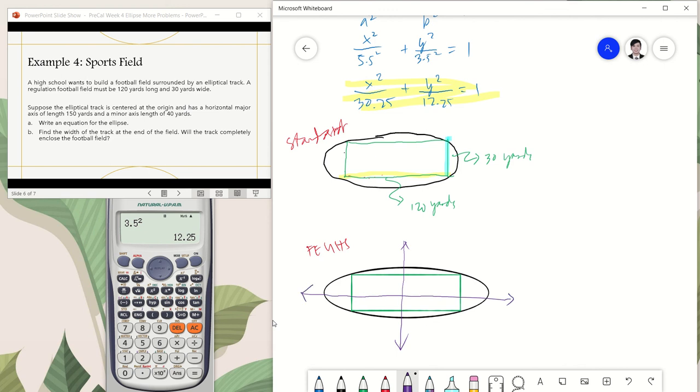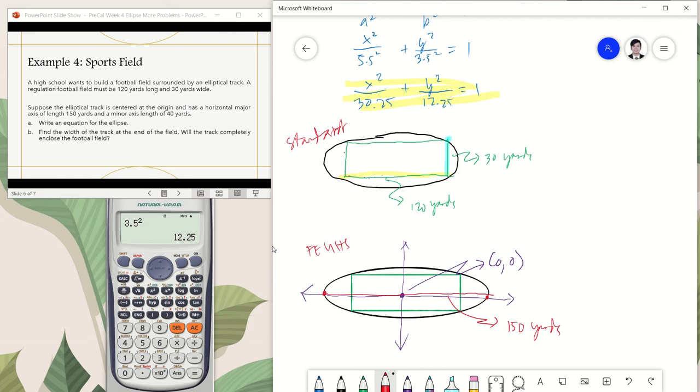We have a coordinate plane wherein the center of our ellipse is at 0, 0. And then our horizontal major axis is 150 yards. So meaning, from here to here, that is 150 yards.